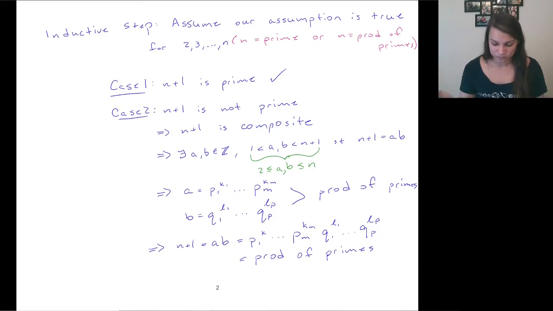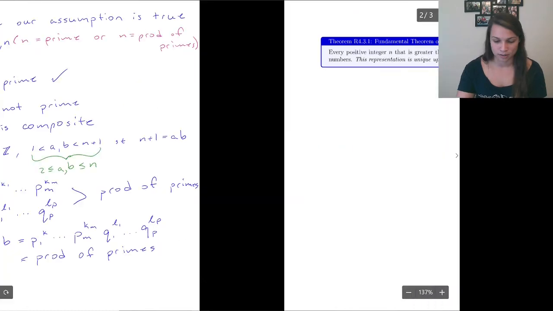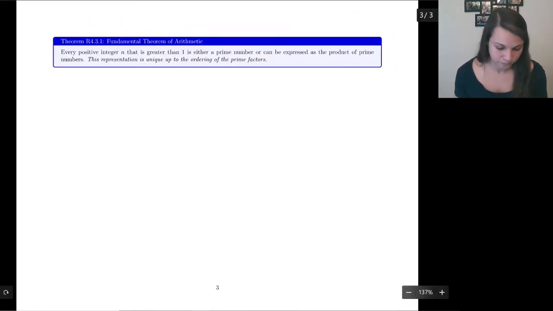We can safely conclude that any integer is either a prime or it can be written as the product of primes. Now let's go back to our theorem and take a peek at it.